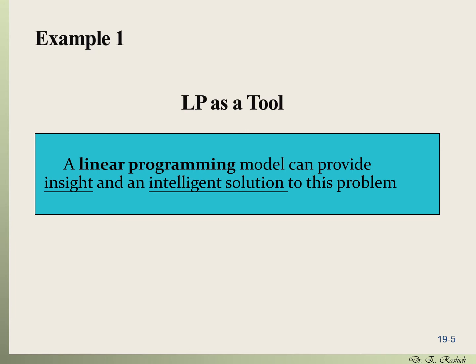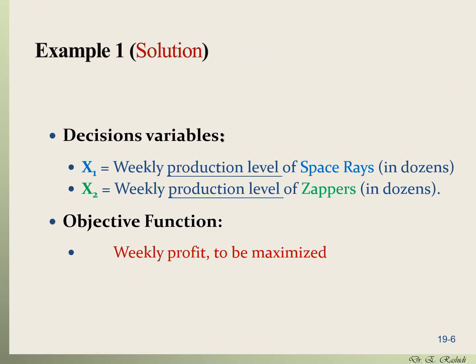We're going to build a linear programming model for this problem step by step. The first step is to identify and list the decision variables. The decision variable is how many of these two toys they should produce.